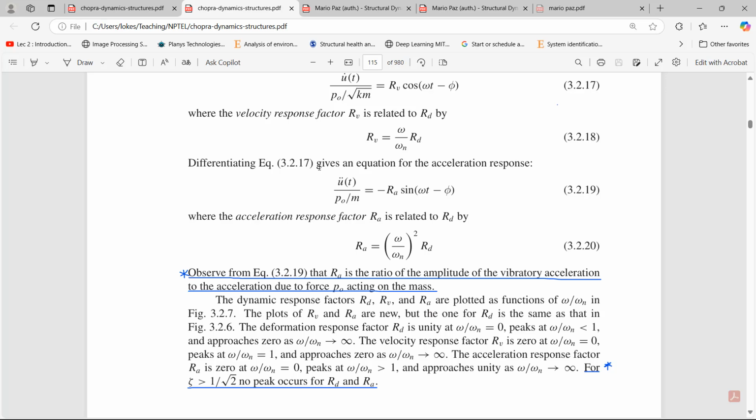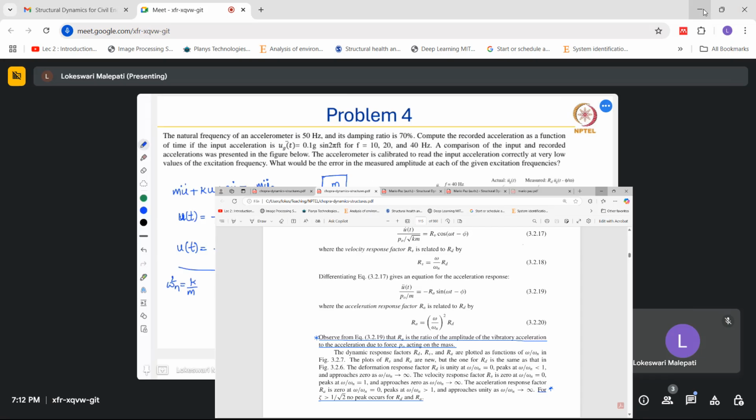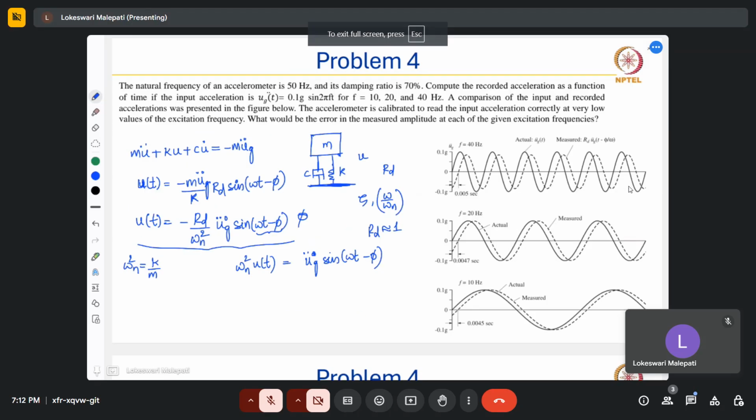Now let's see this example where base accelerations of different sinusoids have been applied, and we have to calculate what the error would be for different frequencies.